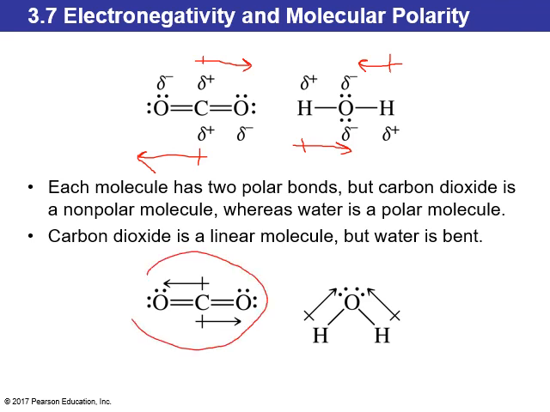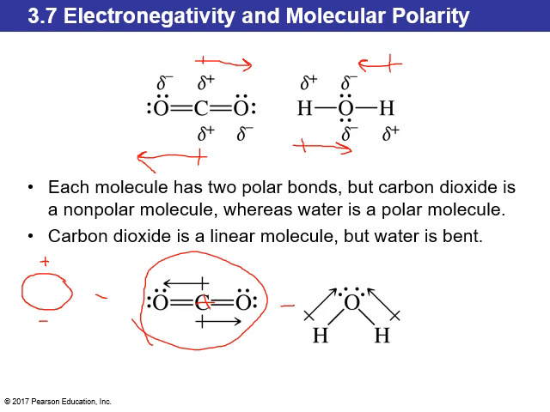This is a linear molecule. So you've got negative, negative, and positive in the middle. This is not polar. If we look at the Earth, it acts like a magnet. You've got a plus side and a minus side. So we don't have that situation going on in carbon dioxide here at all.